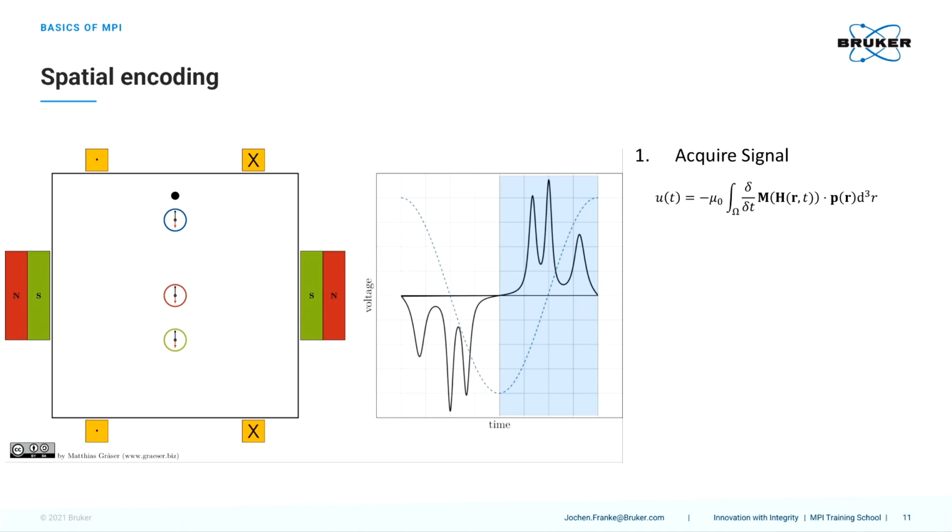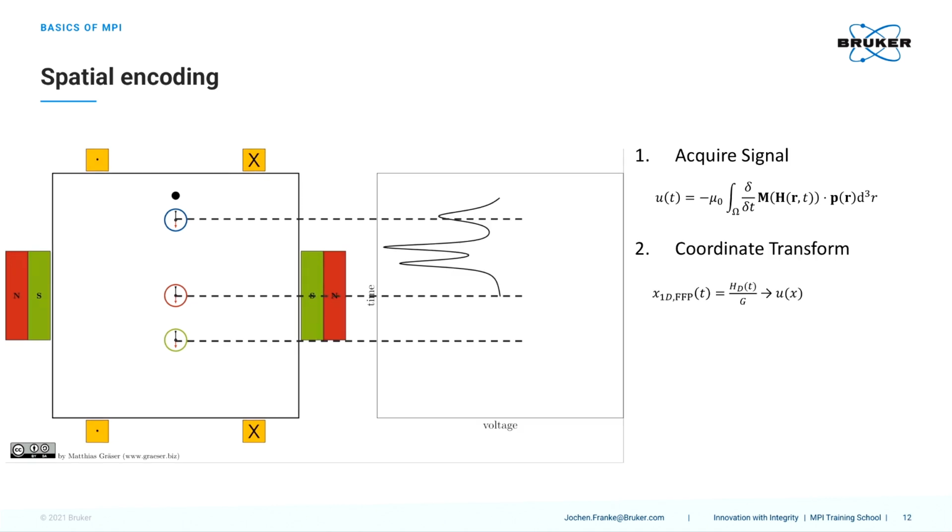What we next do, we transform the coordinate system, not along the time. Now the time is in this direction, here the voltage. And now we need to spread the signal according to the point in space where the drive field or the field-free point is located at a given time point.